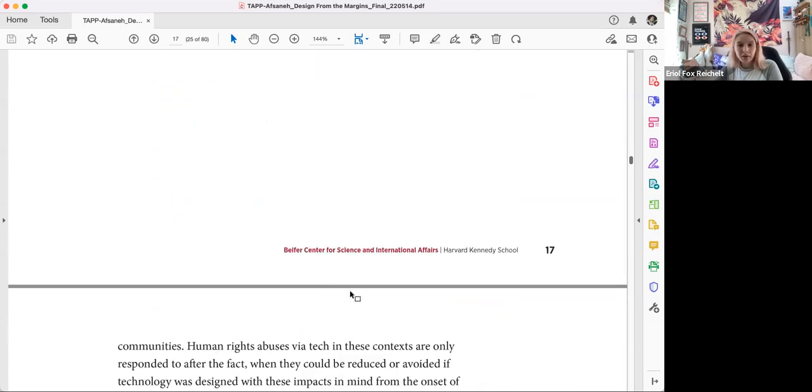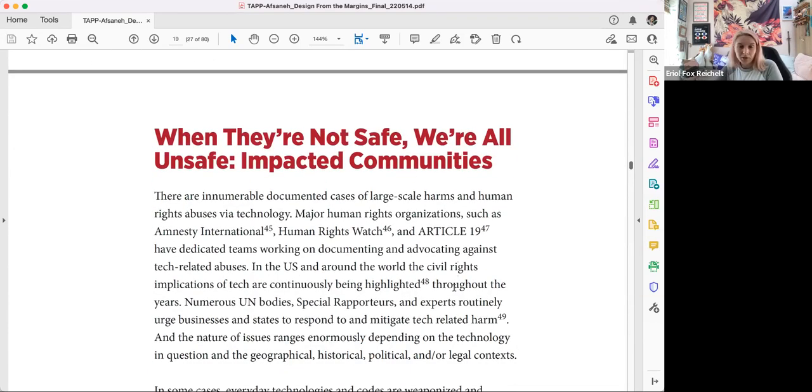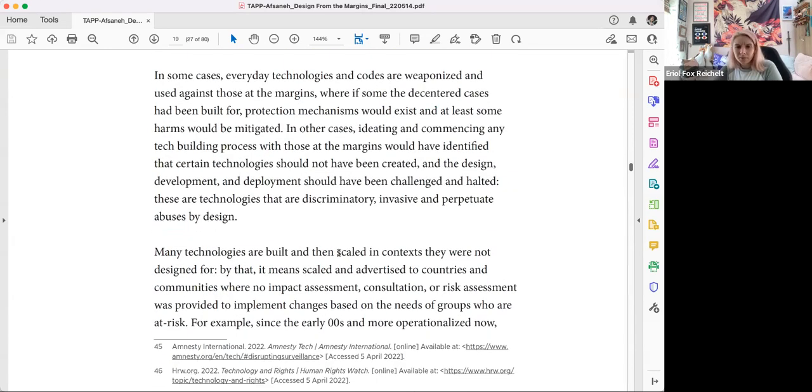In the next section on page 19, which is when they're not safe for all impacted communities, I was interested about this process, and I would love to see and read more for this section, which means many technologies are built and then scaled in contexts that they were not designed for, which is why we are trying to be focused on the marginalized or the decentered users.